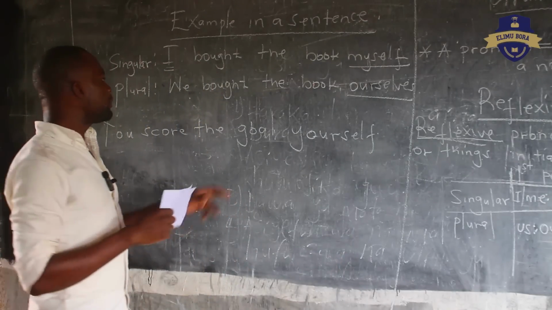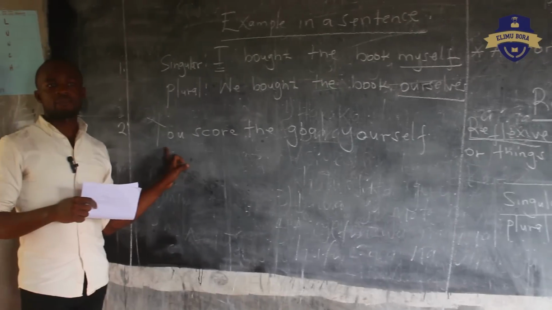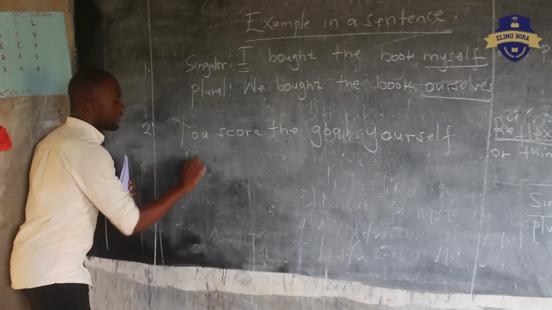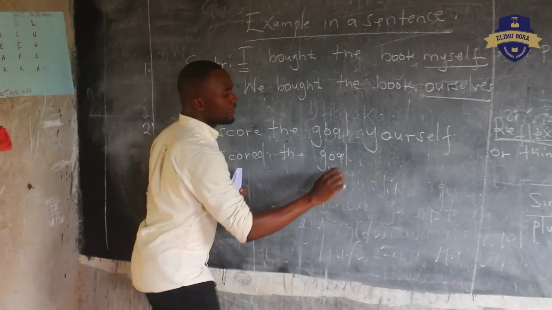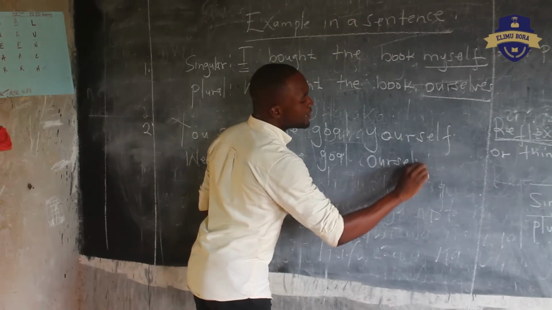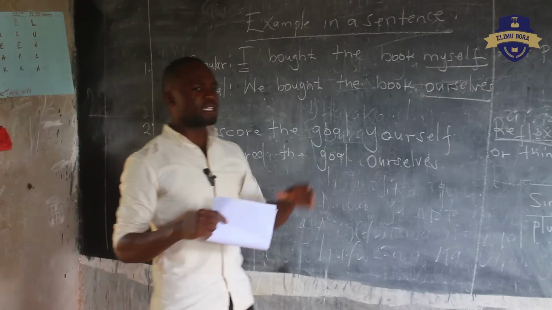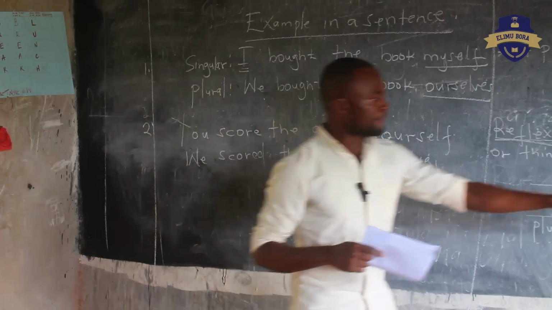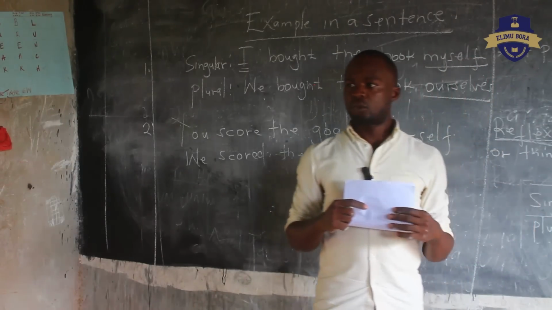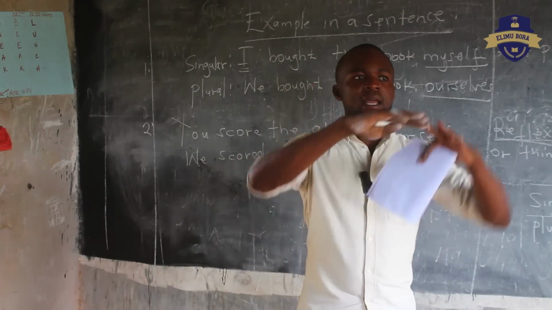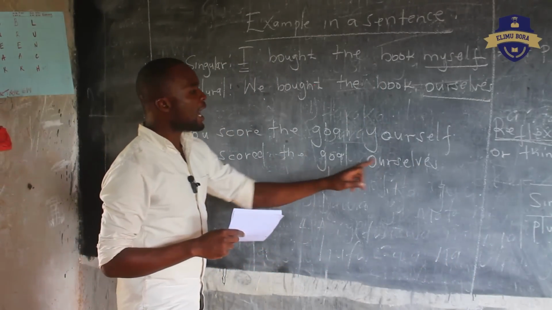What will be the plural of our sentence? We scored the goal ourselves. Is it correct? Because we are using second person. Yourself, ourselves. You as one, then many, you say, we scored the goal ourselves.